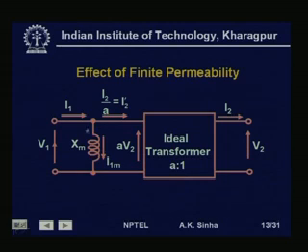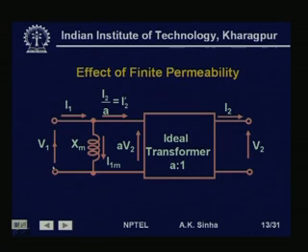We need this current to lag the applied voltage by 90 degrees, and we know the electrical parameter which provides this kind of a relationship is an inductance. Therefore, we provide an inductor here with a reactance Xm to represent the finite permeability, or the magnetizing part of the current to flow in the circuit.